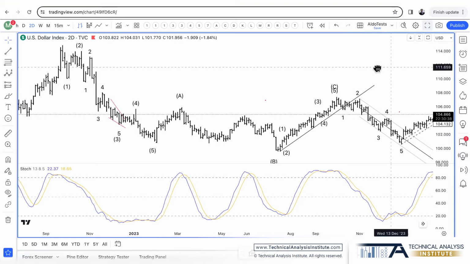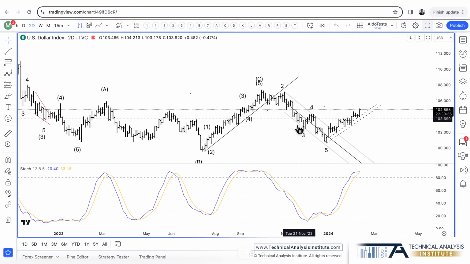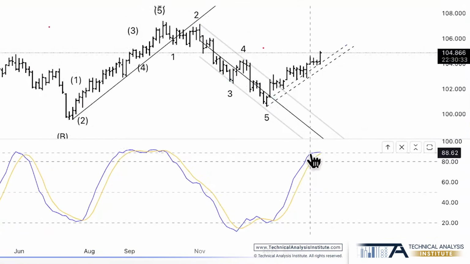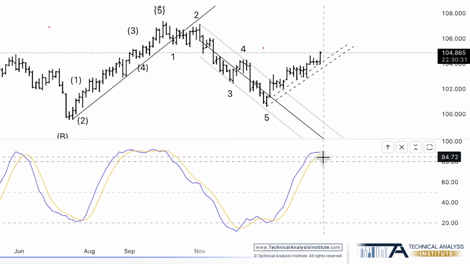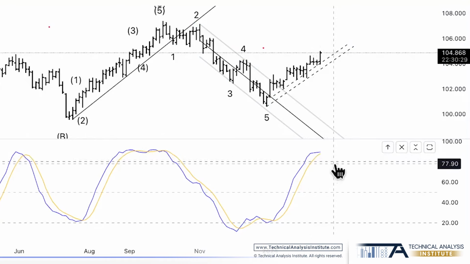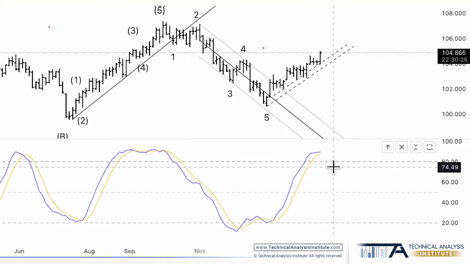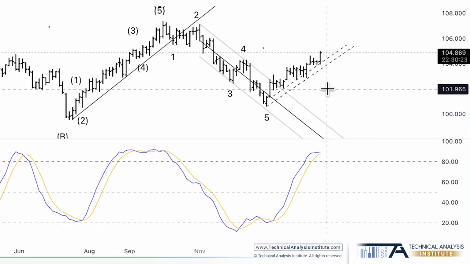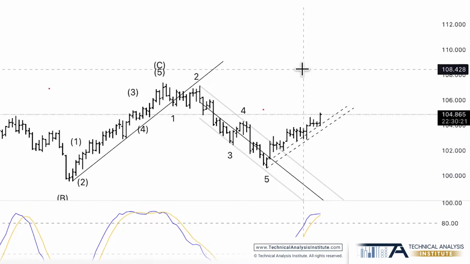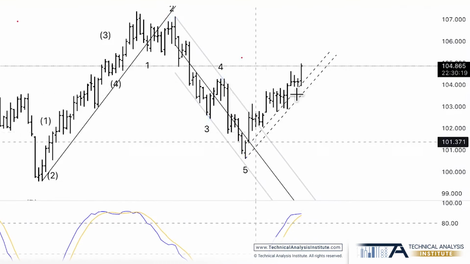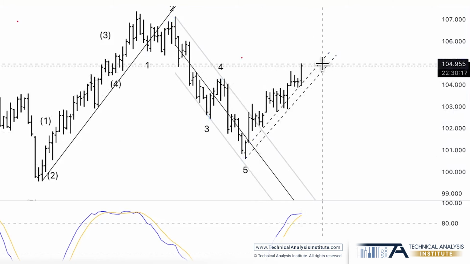And now we are in a very similar situation where the stochastic is again overbought. So looking for the stochastic to penetrate the 80 reference line would be a very good signal that we should sell the market. That probably will come accompanied by the break of those two trend lines that I showed before.